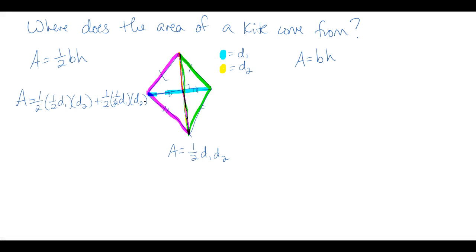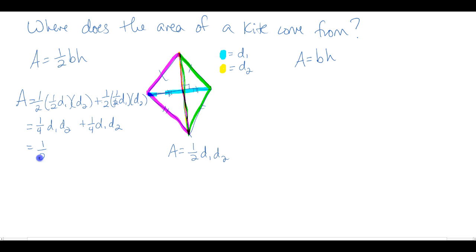This is not a point at which I can necessarily factor, because I have the same thing in both pieces of my expression here. But what I can do is multiply these fractions, which is going to give me 1/4 d1 d2 plus 1/4 d1 d2. And what's 1/4 plus 1/4?